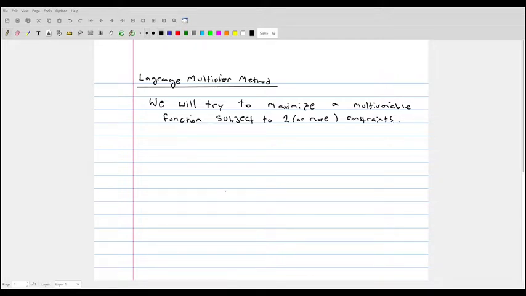The big application for us is that this method allows us to solve for max and min only on the boundary of a given function or of a given domain.